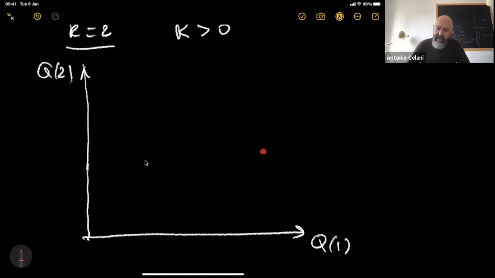So this is the average reward for arm 1 and the average reward for arm 2. Whatever distribution they have, they might be two Gaussians, they might be whatever, their means are there.